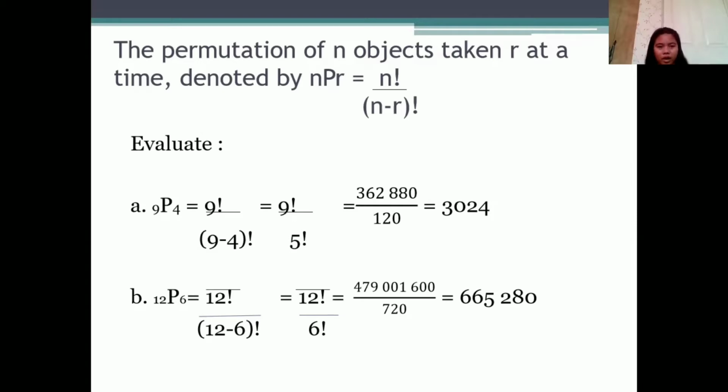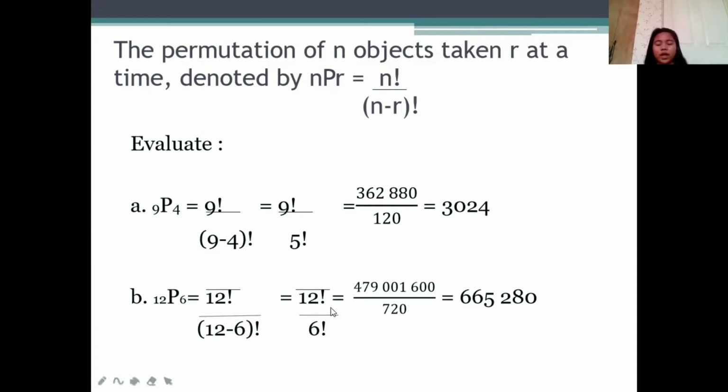Next example: the permutation of 12 taken 6 at a time. Again, our n here is 12. So we have 12 factorial divided by the difference of 12 and 6, which is 6 factorial. So 12 factorial divided by 6 factorial is equal to 665,280.